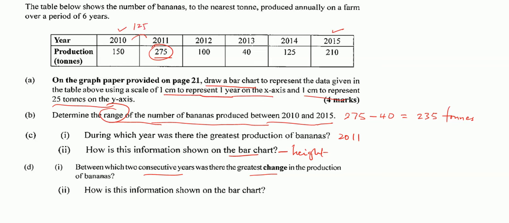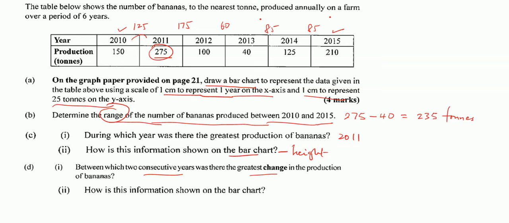Between 2011 and 2012, it'll be 275 minus 100, which is 175. Between 2012 and 2013, that is 100 minus 40, which gives 60. Between 2013 and 2014, it'll be 125 minus 40, which is 85. And between 2014 and 2015, it'll be 210 minus 125, which gives 85 again.